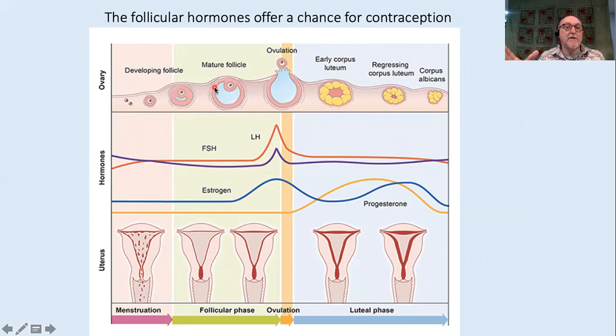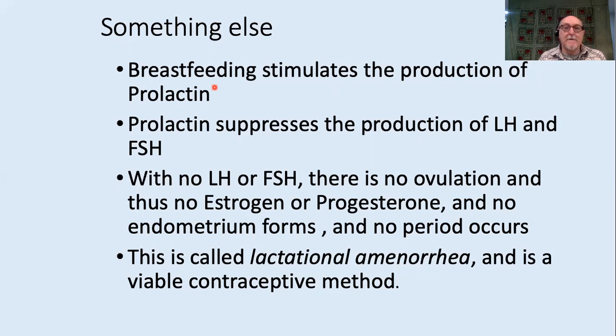There's no maturation of a follicle, and no ovulation takes place. And in fact, there's no menstrual cycle at all. This is called lactational amenorrhea. It is a suppression of the whole menstrual cycle while the woman is breastfeeding, and it's because of the release of prolactin into the blood.